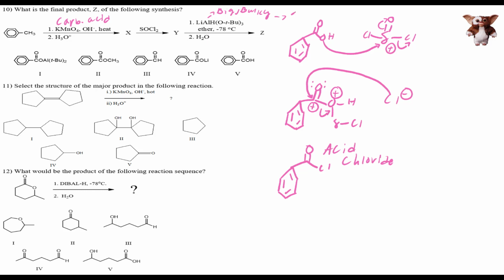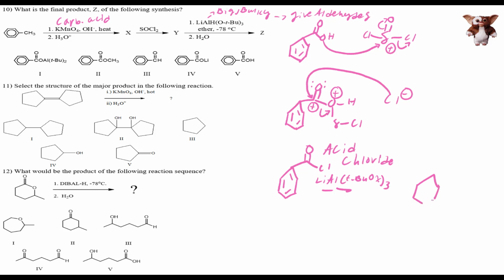Okay, so it's going to give aldehydes. I really like this color. Anyways, so now this acid chloride is going to completely react with lithium aluminum tert-butoxide right there. And this whole thing is just going to become an aldehyde.